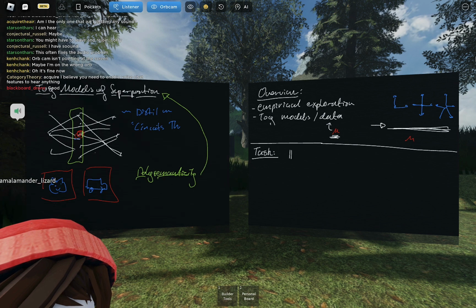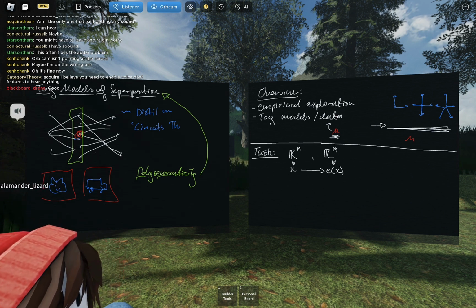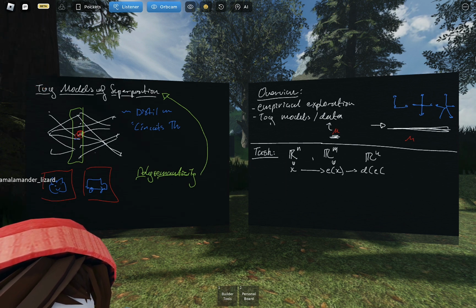We'll say the original feature space is n-dimensional, and the latent space, or hidden space, is m-dimensional. The task is to take vectors from R^n to encoded vectors in R^m and back to R^n.